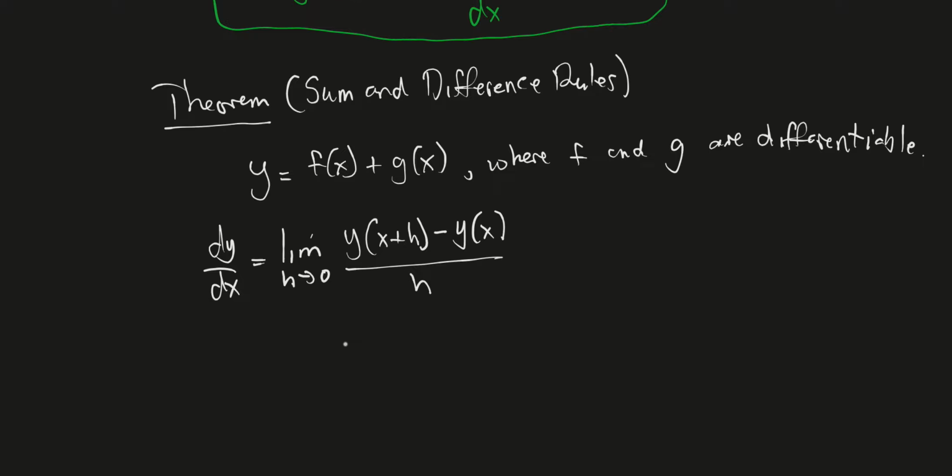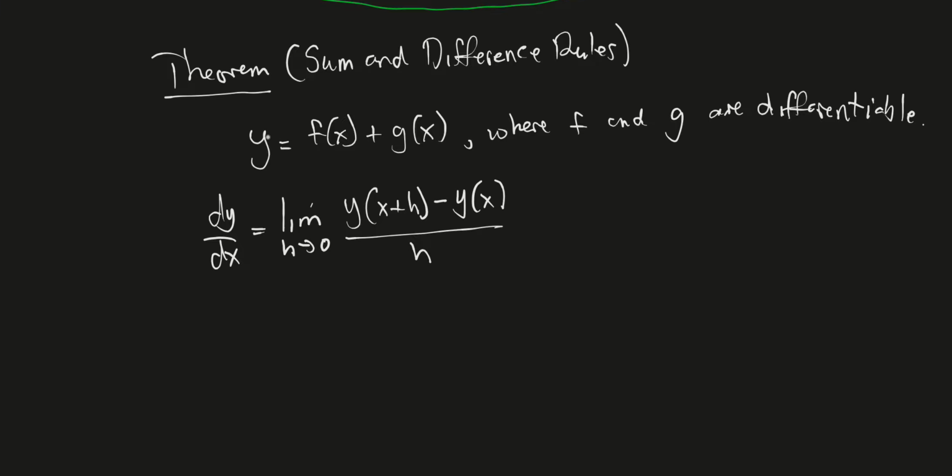Okay, so how does this one work out? When we don't know what f is and what g is, we can still write it down symbolically. That's the idea behind a proof. This part is saying wherever there's an x, replace it with x plus h.